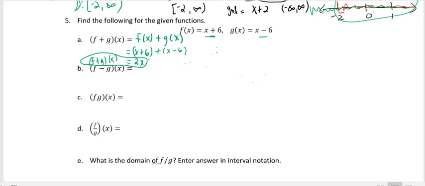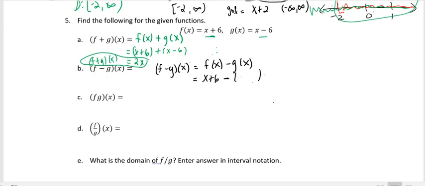Okay. And then subtracting, same thing. I'm going to do it a little bit to the left so it doesn't look too crowded. So this is f of x minus g of x. F of x again is x plus 6 minus g of x. What is g of x? X minus 6.